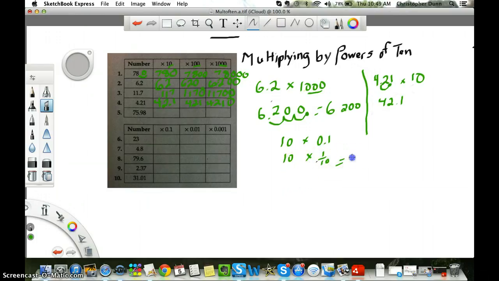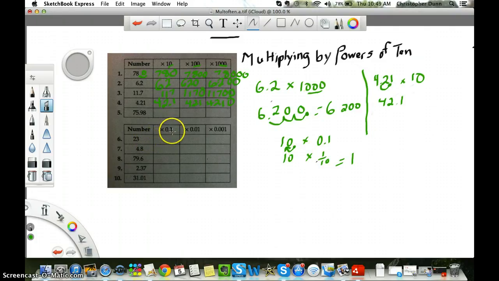Okay, so we know that's 1, so what happened? We started with 10, and to get to 1, the decimal moved one place to the left. So that's essentially what's happening here.